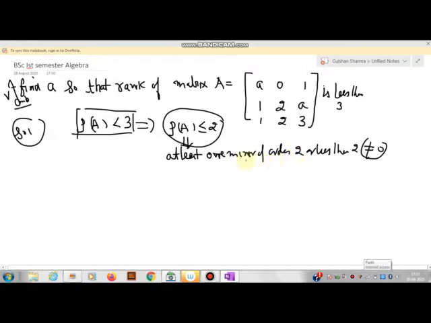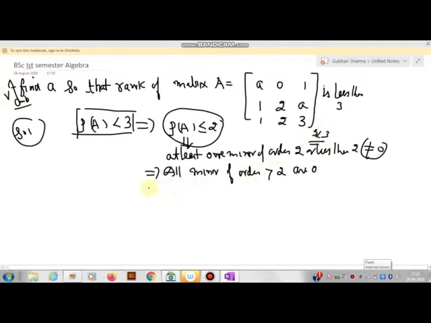And another aspect is that all minors of order greater than 2 are 0. That is, this also implies all minors of order greater than 2 are 0. So if you see, this is a matrix of 3 by 3, so the minor greater than 2 will be of order 3.